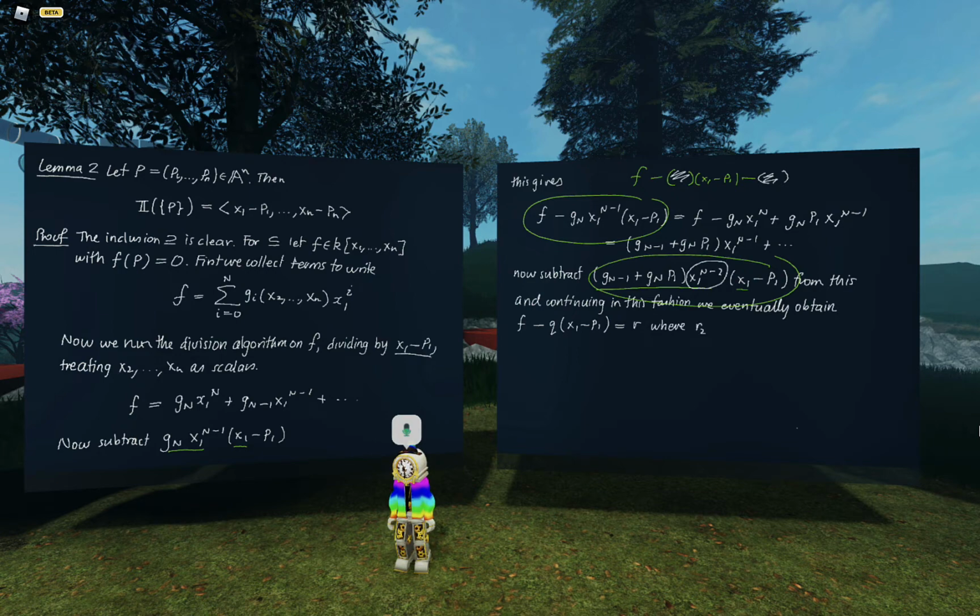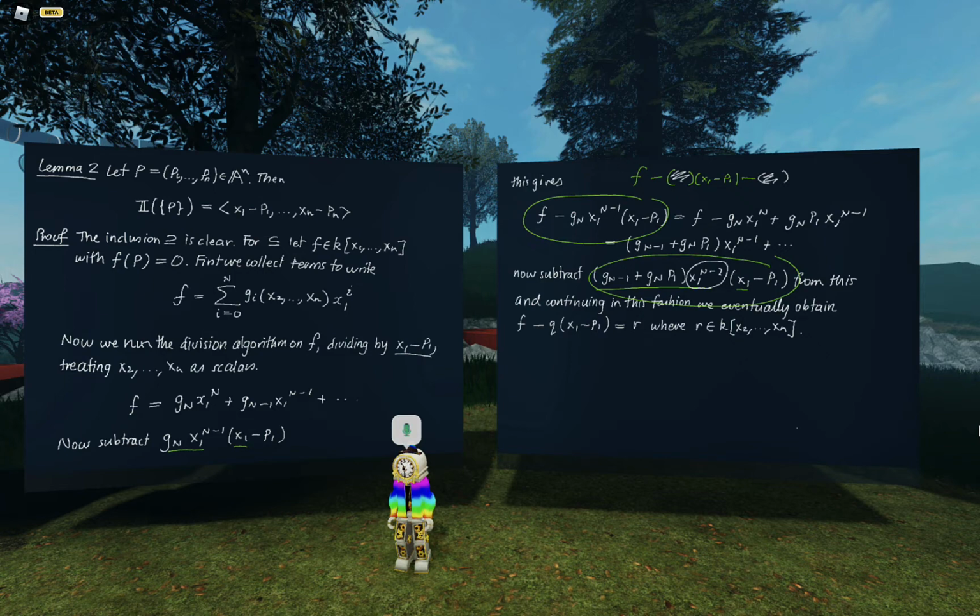That is, r must be a polynomial in x2 up to xn. Apart from that, I can't say anything about it. So usually in the division algorithm, the thing that you're tracking is the degree. I didn't phrase it that way.